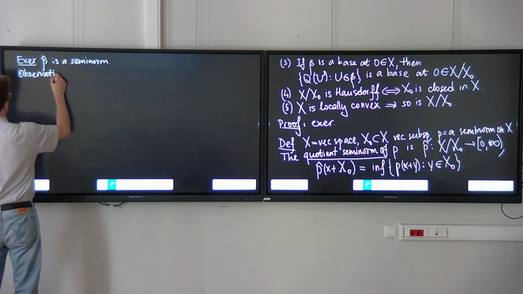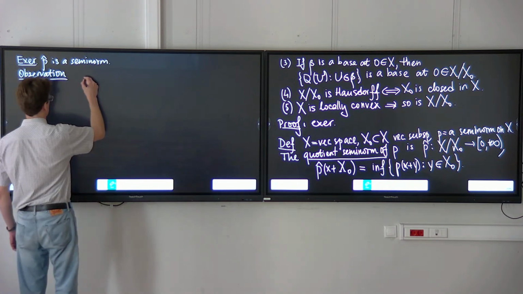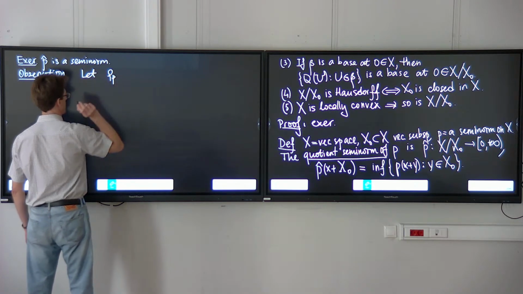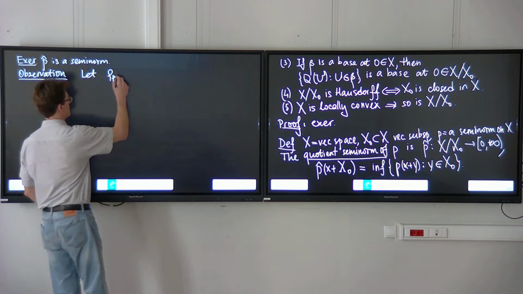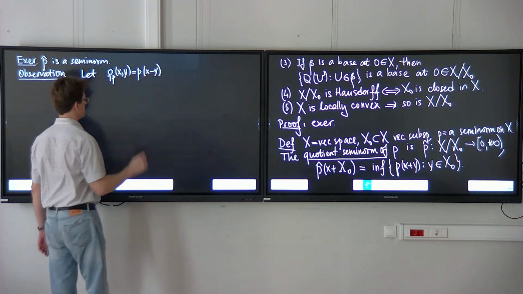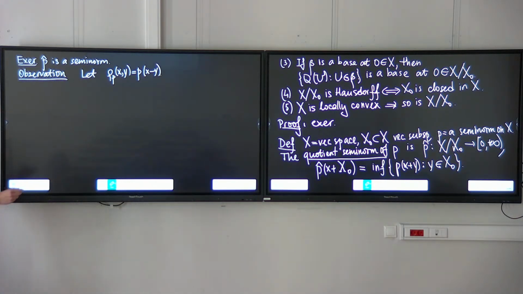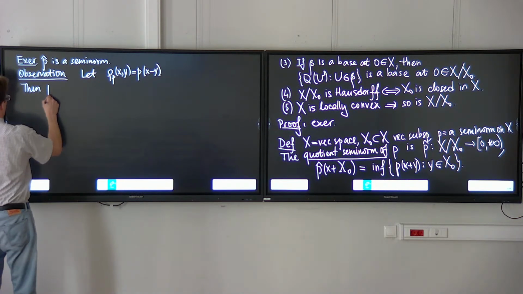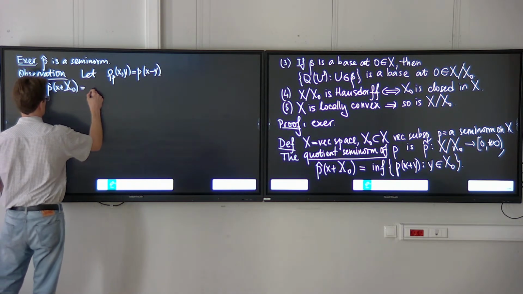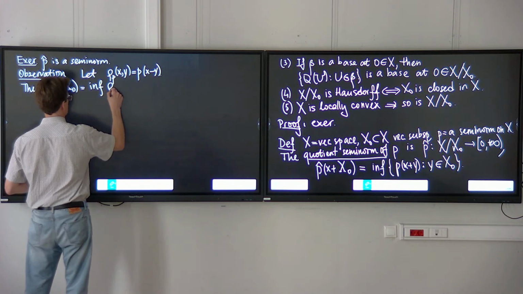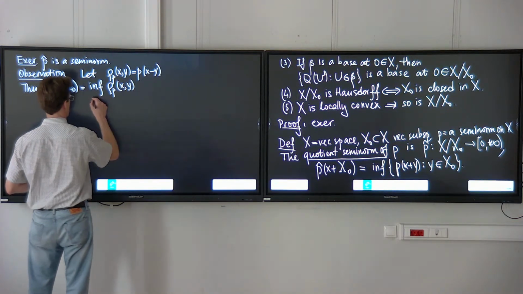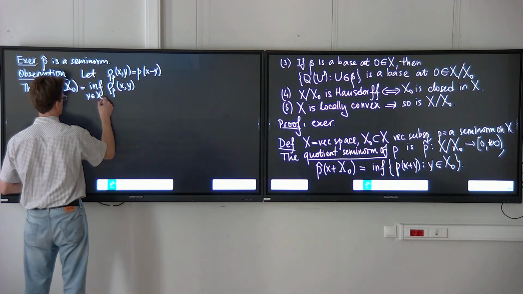Little observation. Let's denote by rho P the semi-metric generated by P. So this is just P of x minus y. This is a semi-metric on X generated by P. Then P hat evaluated at x plus X0 is nothing but the infimum of the distances with respect to rho P between x and points y in X0.